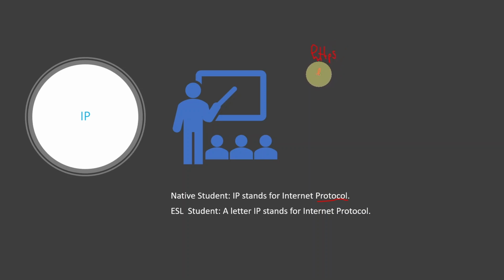The other one you're going to see is H, T, T, P. And then you're going to see something like google.com. You may ask what the difference is. You see here there's an S, here no S.